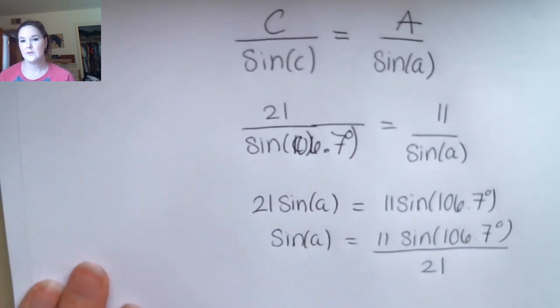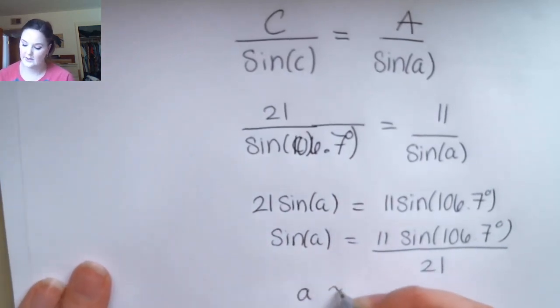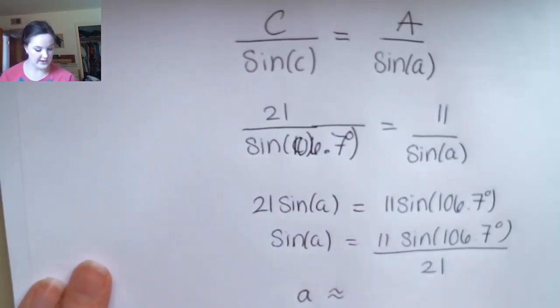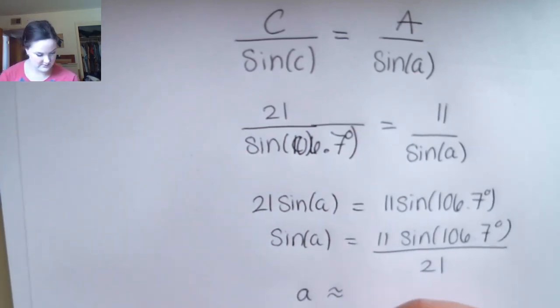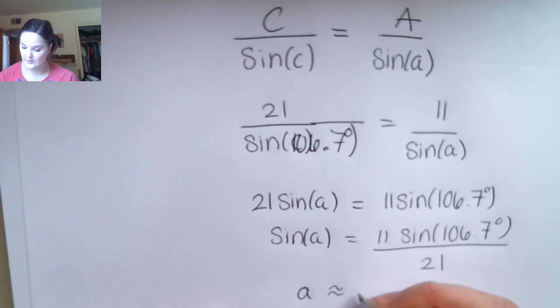Again, we're going to use our calculator to get an approximate value, and we would get that A is approximately 30 degrees.